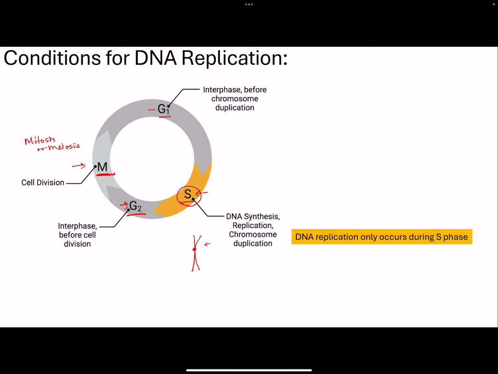So kind of going back to this, those pre-initiation complexes are going to start marking the DNA at the beginning of G1. The rest of G1 goes on and allows genes to express, the cells to grow, to express different genes, carry out different functions. And then by the time you get to the S phase, those marked origins of replication are going to be the starting point for DNA replication to occur.